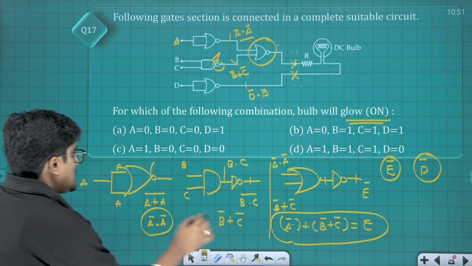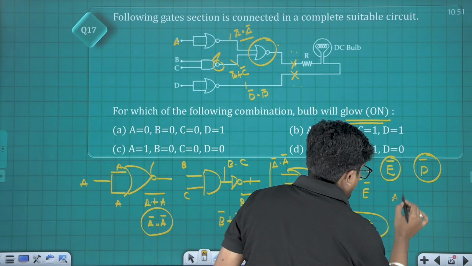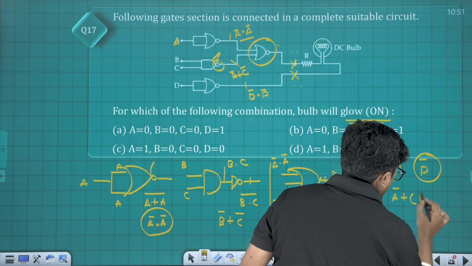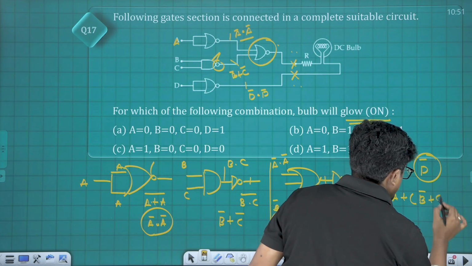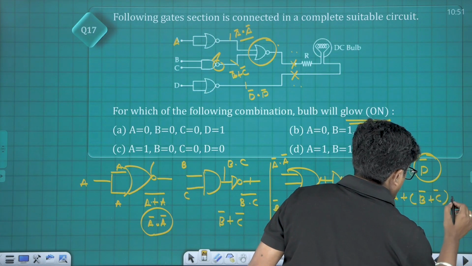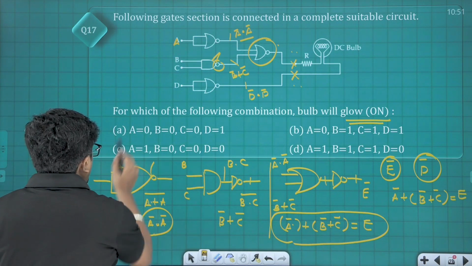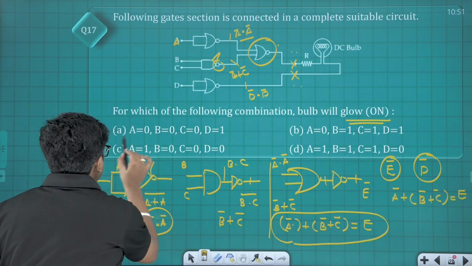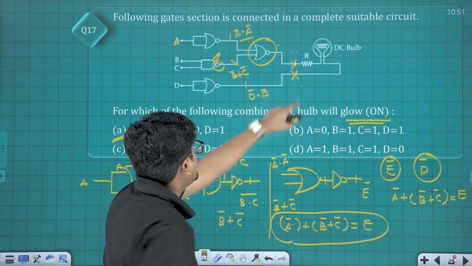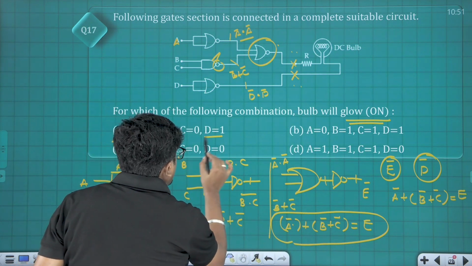So here what we have for E is A bar plus B bar plus C bar. That is what we are having as E. Now let me start with option A. Always what we need to check is, see here this is D only, and let me consider D first.